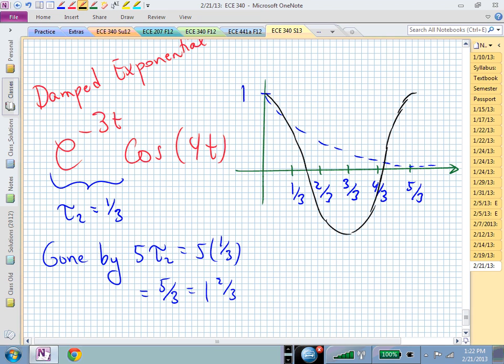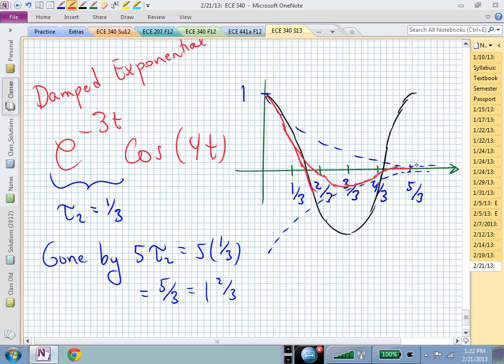Meaning, if I now did that, I would have this dashed envelope on both sides, and my result, I told you I can't sketch.